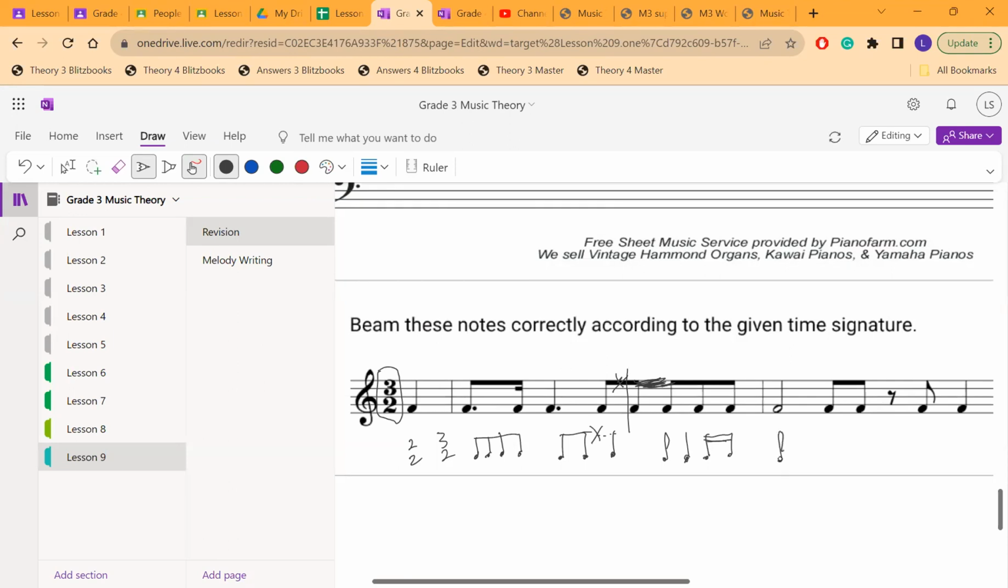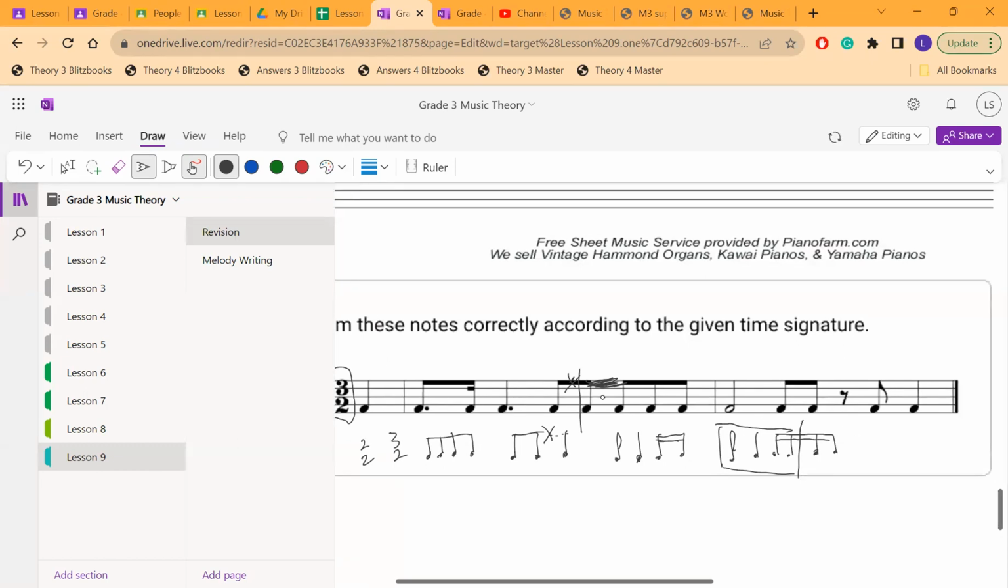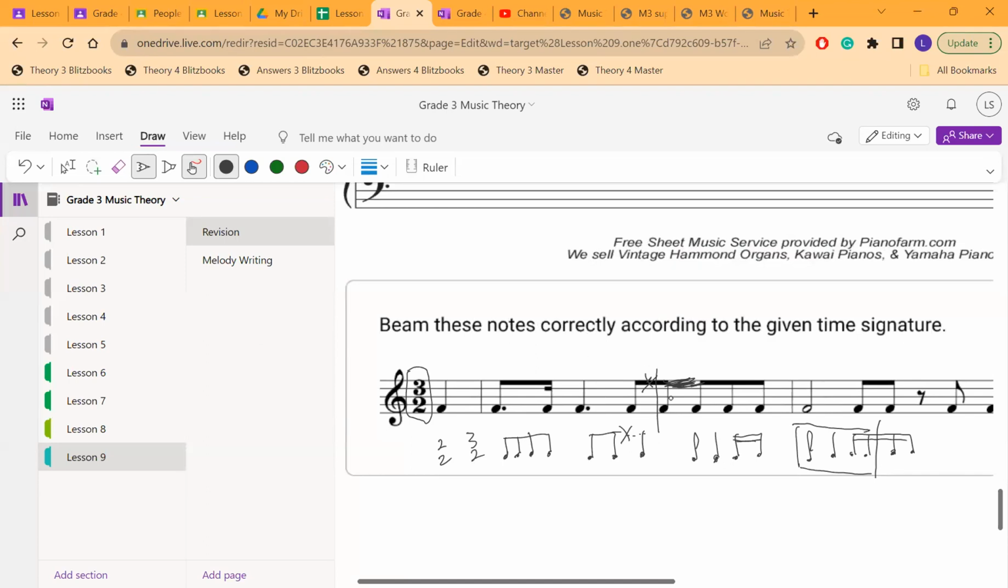But if I had quaver, crotchet, and then something like that, that's not allowed. I have to break the beam there because this is worth 1 minim. Got it? So with this one, you have to beam it there. You have to separate that one.